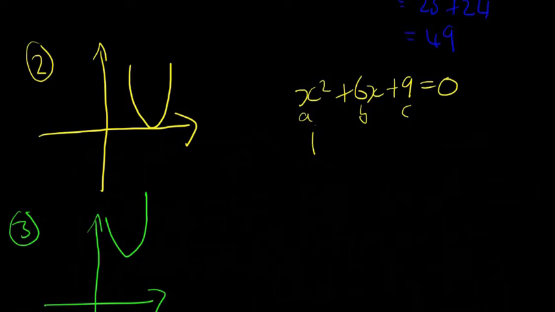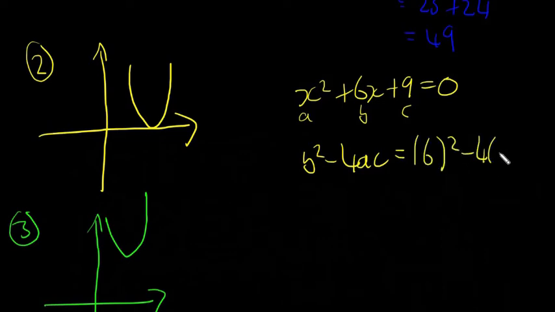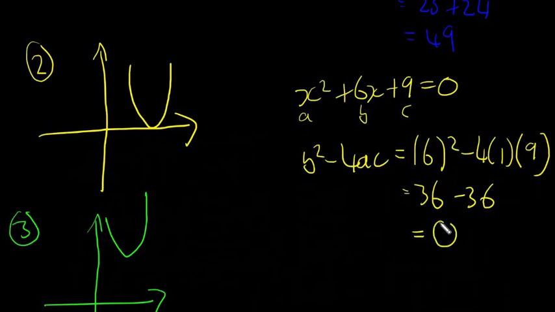So b squared minus 4ac is going to be equal to 6 squared minus 4 by 1, because what's in front of the x is just 1 technically, and c is 9. So 36, and 4 times 9 is also 36, so it is equal to 0.